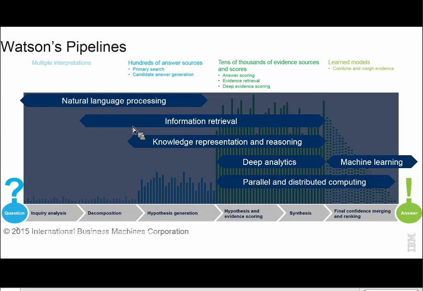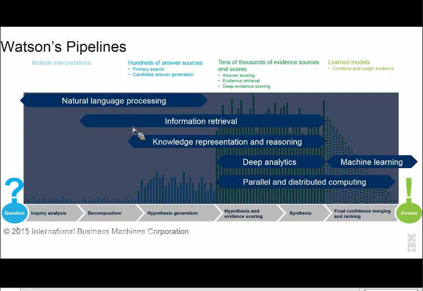And at that point, it will move on to, in these charts, and excuse the charts, I stole them from marketing, the hypothesis generation. You can think of this as, okay, the question has come in, we've done some NLP on it, and at that point it goes out to a corpus that's been ingested specifically for the system. For the original Watson Jeopardy application, that corpus was Wikipedia.